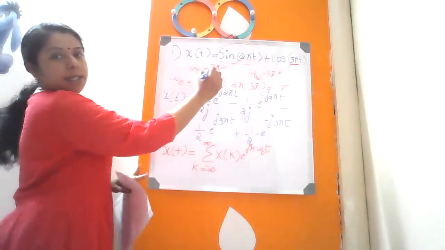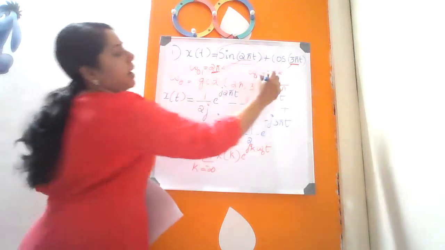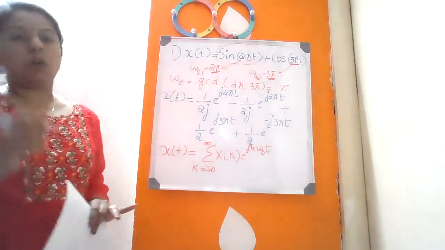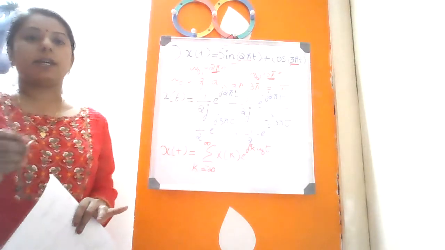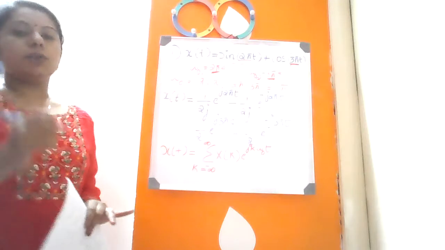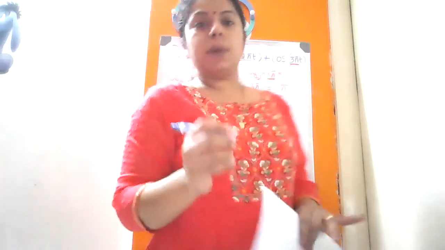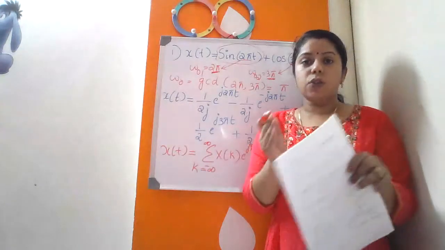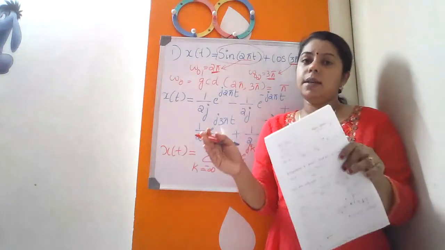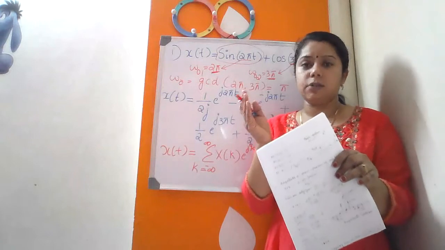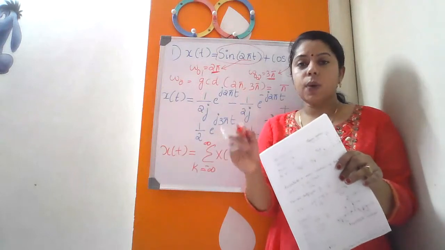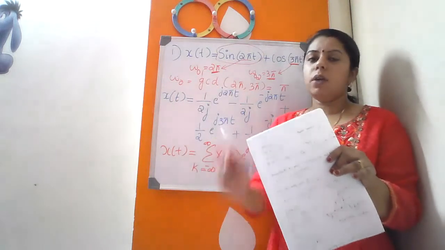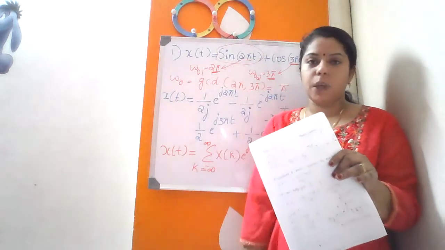The common divisible term, I can write it as pi, isn't it? So the angular frequency of the total signal x of t is the GCD of the first signal and second signal, that is, it will become pi. That's why I wrote omega naught is equal to pi. So we got the angular frequency.